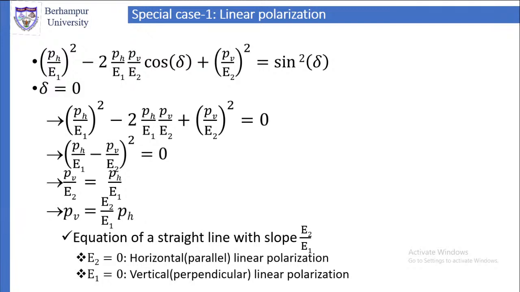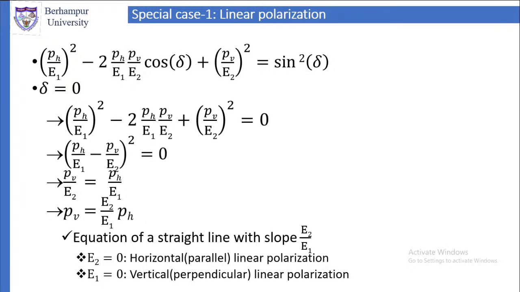When E1 is equal to 0, then the slope is infinity. Slope is infinity means the line is vertical. It is oriented along the vertical axis, or parallel to the vertical axis, or perpendicular to the horizontal axis. Therefore, E1 equal to 0 gives us a vertical or perpendicular linear polarization.